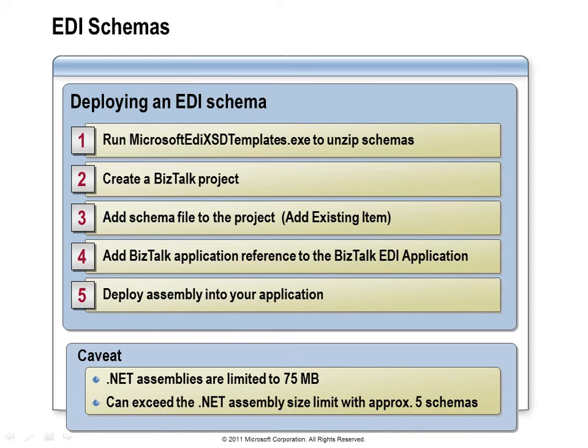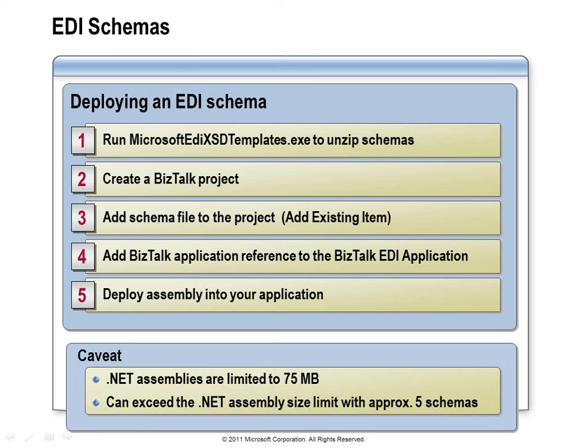So the first step would be to unzip those schemas somewhere. You're going to go start a BizTalk project in Visual Studio and add only those schema items that you need to the project. And then if you need to, you could customize those or modify those with the namespaces as appropriate for your parties that you're dealing with.